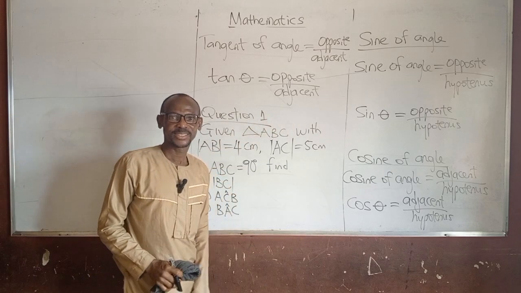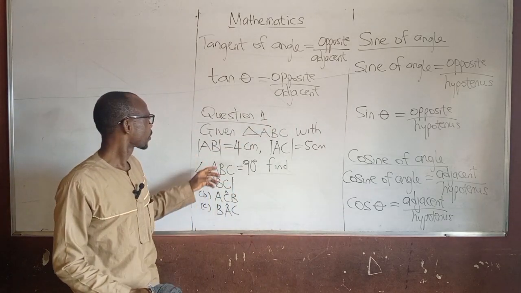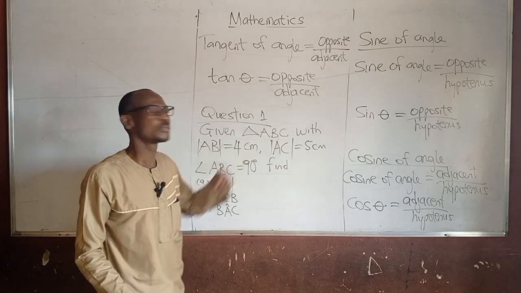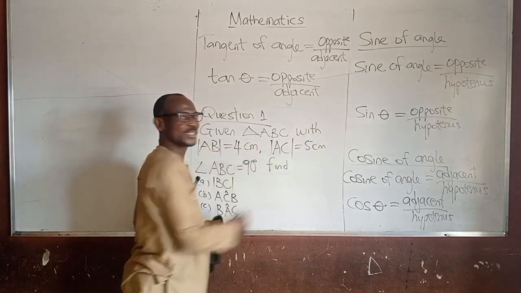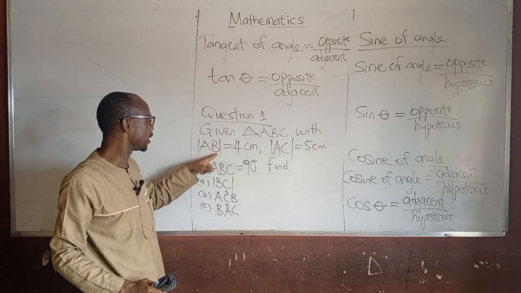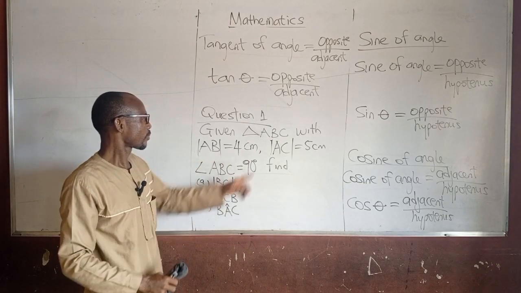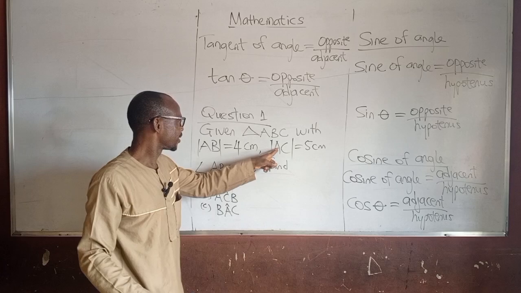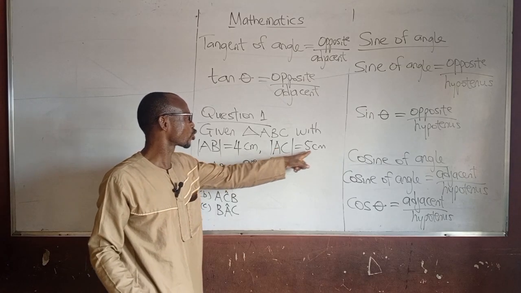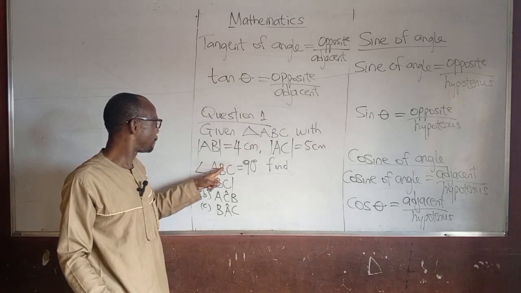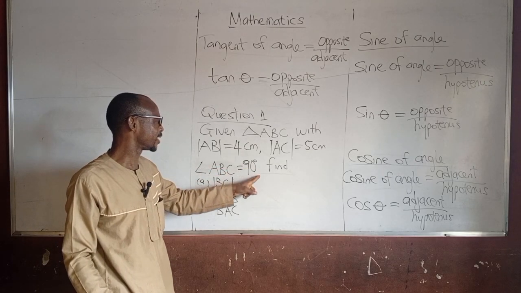Question 1. For example, say given triangle ABC with side AB equal to 4cm, side AC equal to 5cm, and angle ABC equal to 90 degrees.